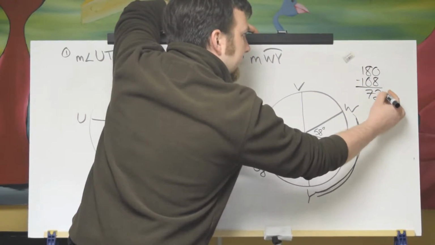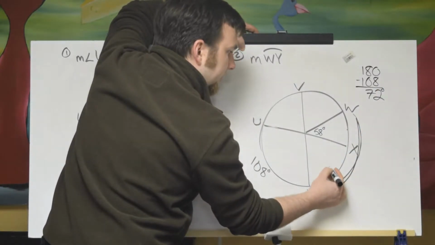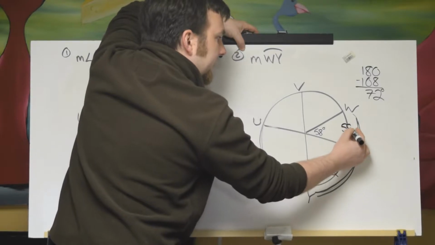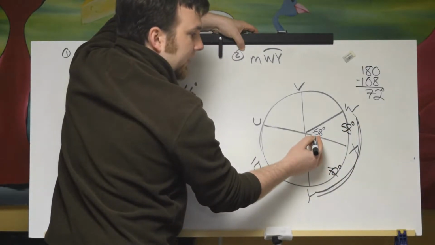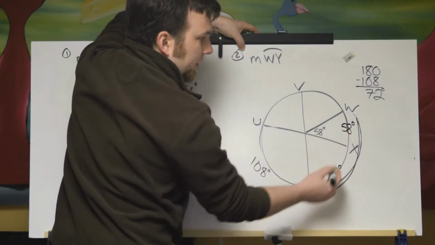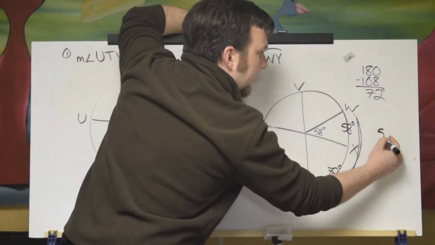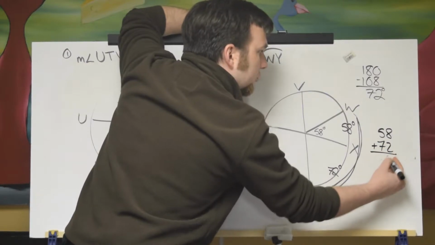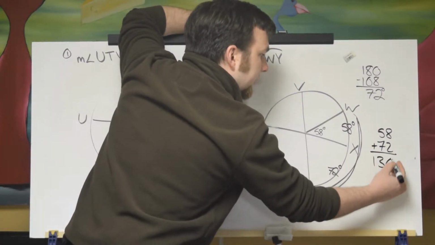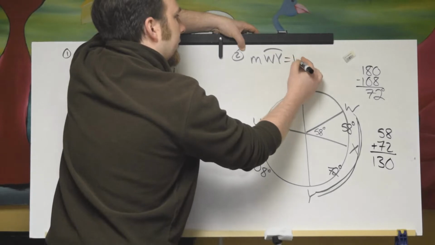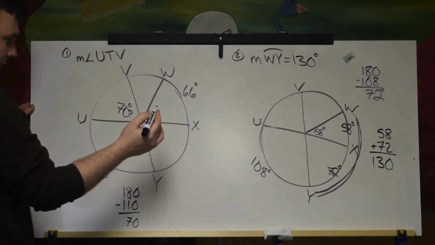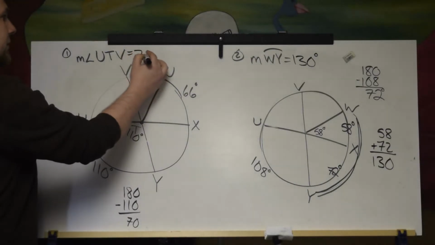That's going to be 72. So this arc is 72 degrees. This one is 58 because that's a central angle. The central angle equals the arc. So we'll just add these up. 58 and 72 is 130. So that is 130 degrees, and this one was 70 degrees.